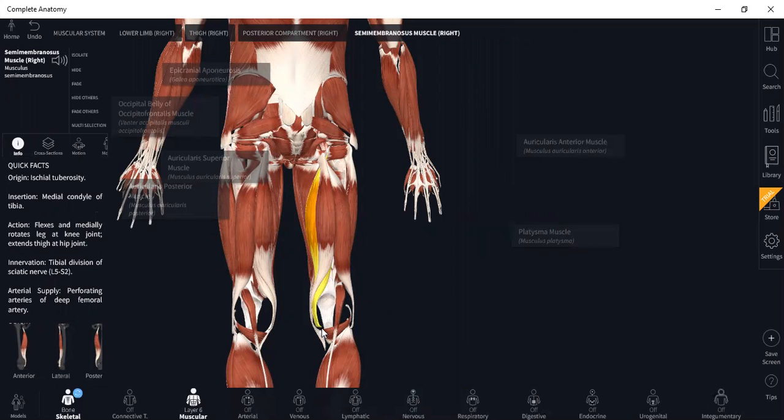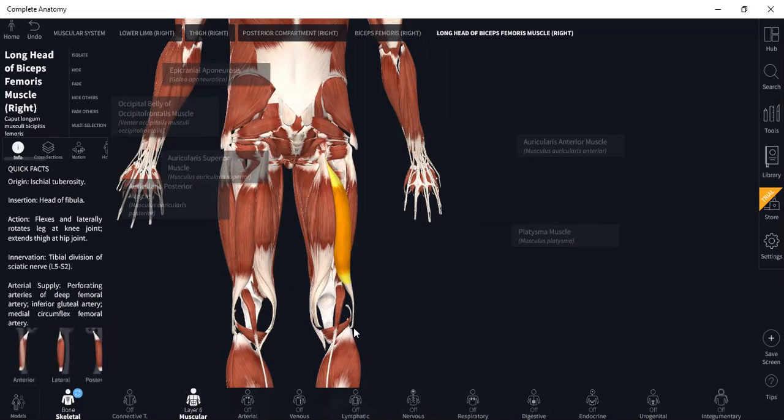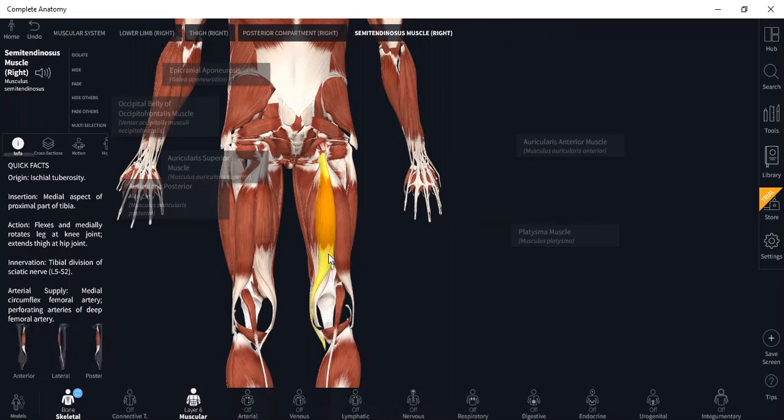So the hamstrings is a group of 3 muscles that extend the thigh at the hip and then flex the knee, made up of biceps femoris running to the lateral side, semitendinosus, and semimembranosus running to the medial aspect of the knee.